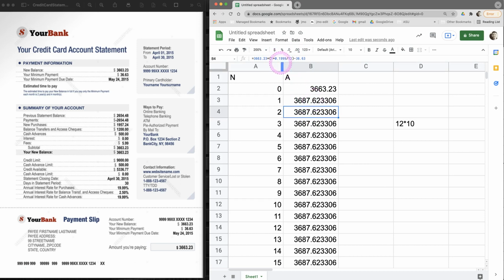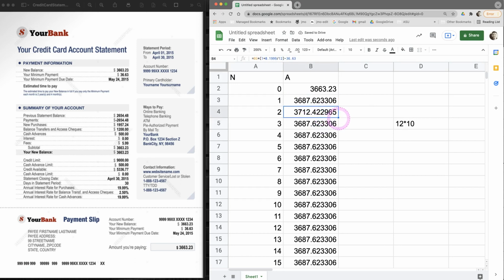Let's go to this amount right here. This amount that we owed was going to earn interest 1 plus 0.1999 divided by 12, and we're going to pay the $36.63 that they recommend.